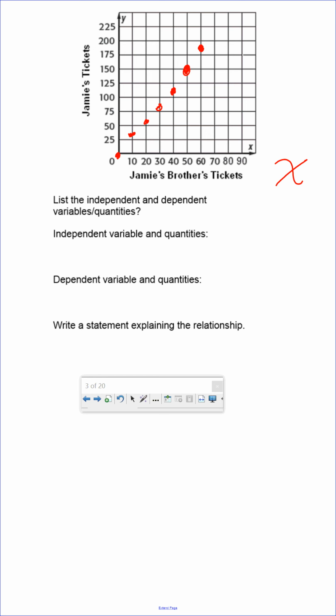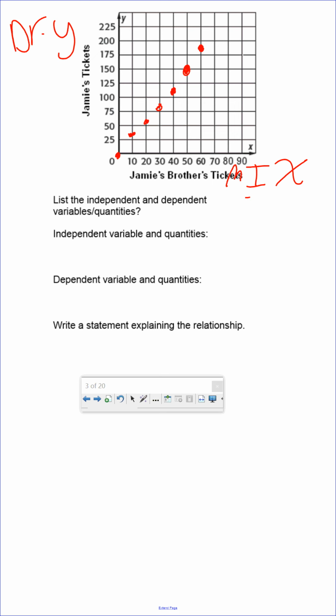So list the independent and dependent variables and quantities. This is the x-axis, and this is the y-axis. So you can manipulate Jamie's brother's tickets. If you manipulate Jamie's brother's tickets, then Jamie's tickets respond to that. Some of you in 6th grade science may have learned it as DRY MIX. Jamie's tickets depend on how many tickets Jamie's brother has.